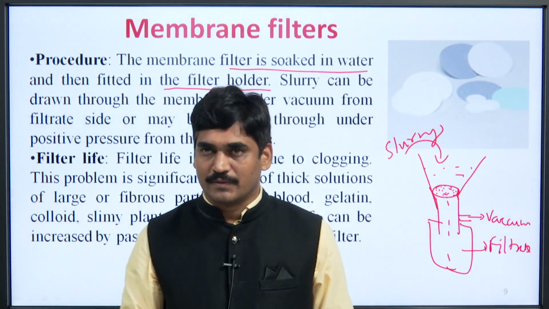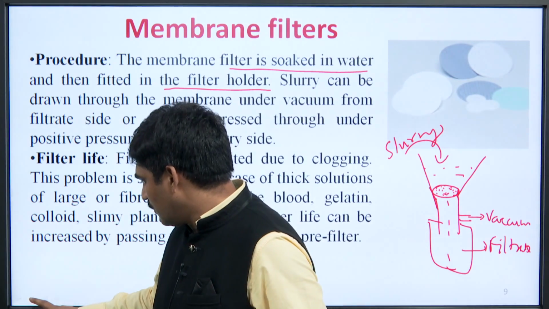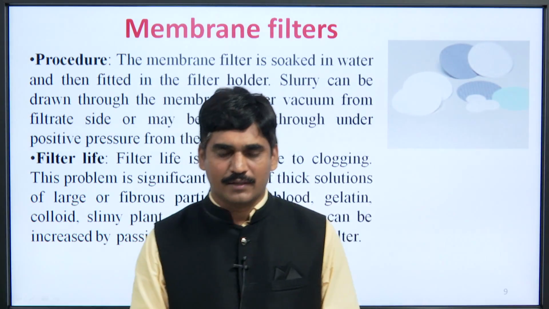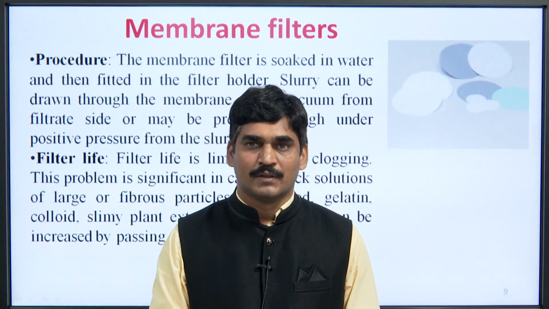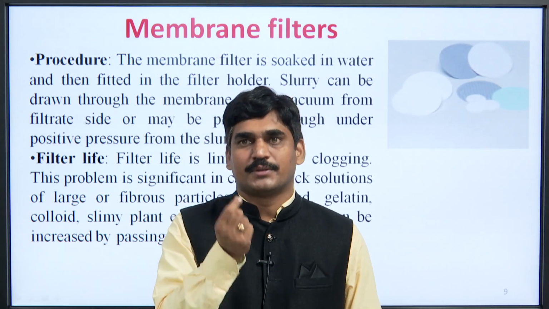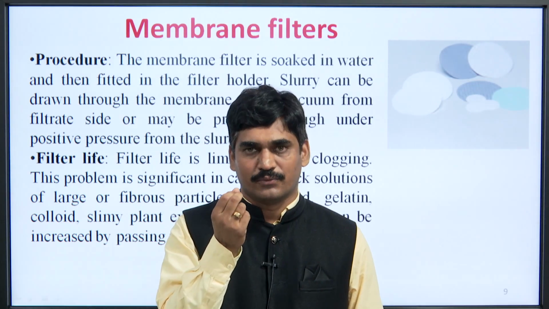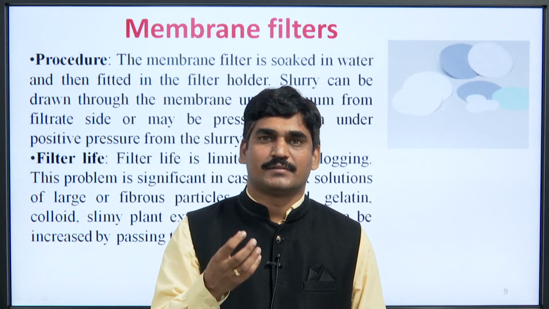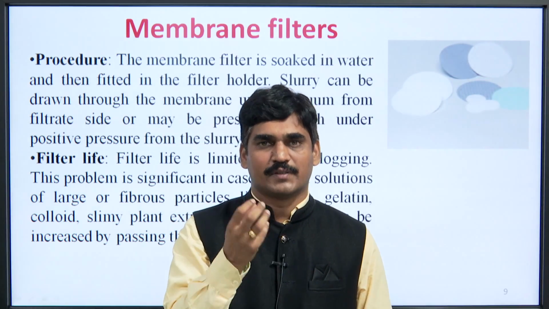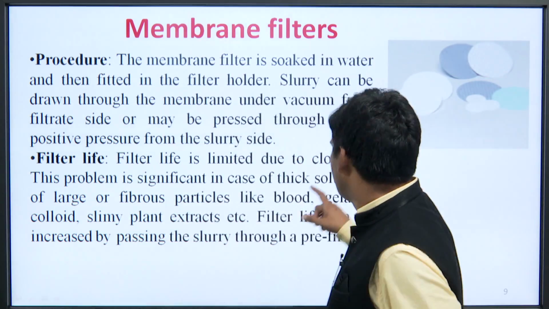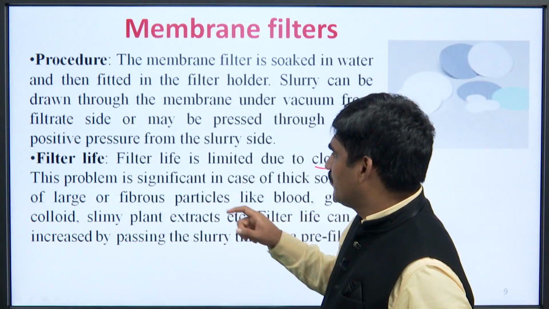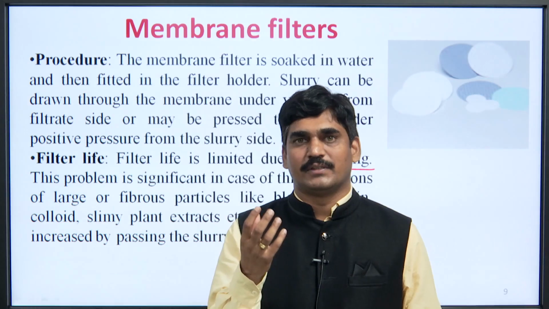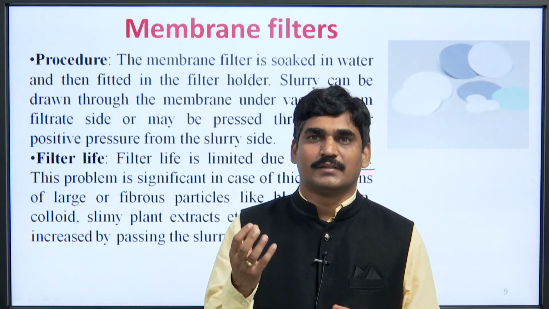Now, filter life: due to clogging, the filter life is limited. Since the pore size in membrane filters is very small or very fine, there are chances that the pores get clogged. Due to this clogging problem, the membrane filters have a limited life.